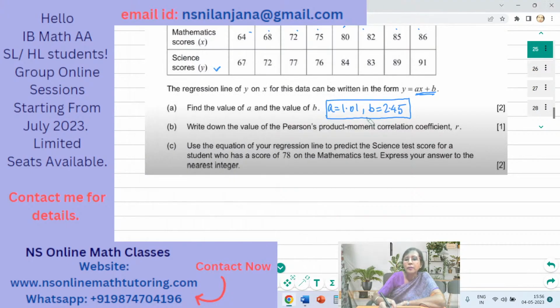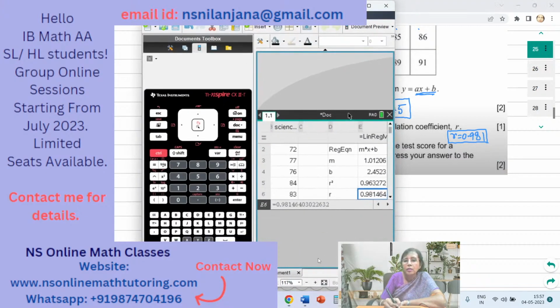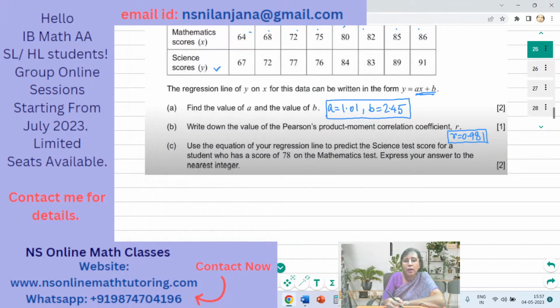So R is equal to 0.981, right? Fine, it contains 1 mark, justified.